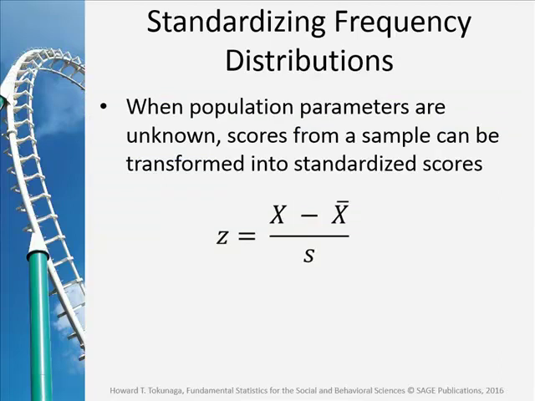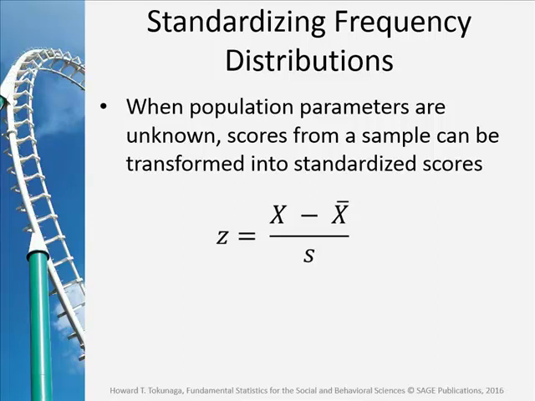Okay, one more great thing about this. What we were dealing with in that last example was when we knew what the distribution's mean and standard deviation were, because they were standardized in their creation.